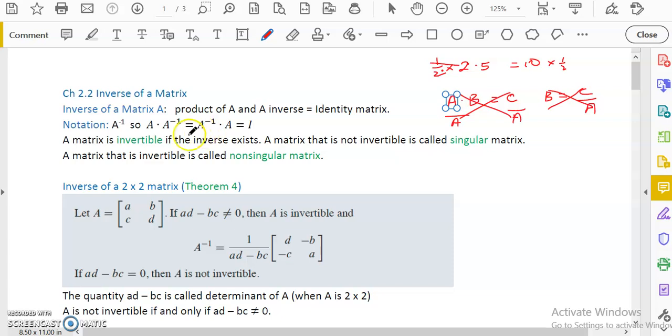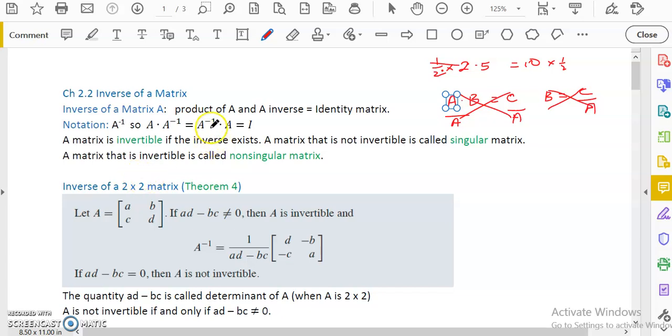A inverse also has a special property: if you multiply it on the left or right of A, it's still the identity matrix. This is the case where commutativity holds.